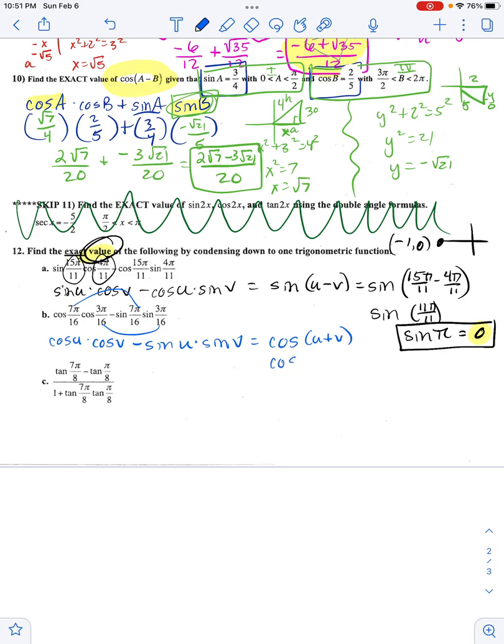So I'd be looking at the cosine of my first thing plus my second thing. Adding them together, I'd be looking at the cosine of 10 pi over 16. So this one, I actually can't do anything else with using my unit circle because I get 5 over 8 when I reduce that, and that's not on my unit circle.